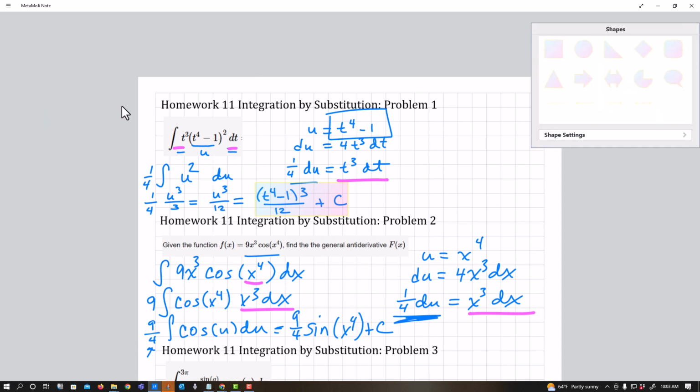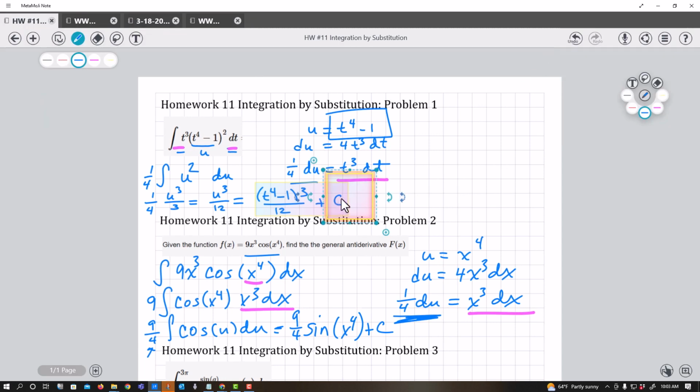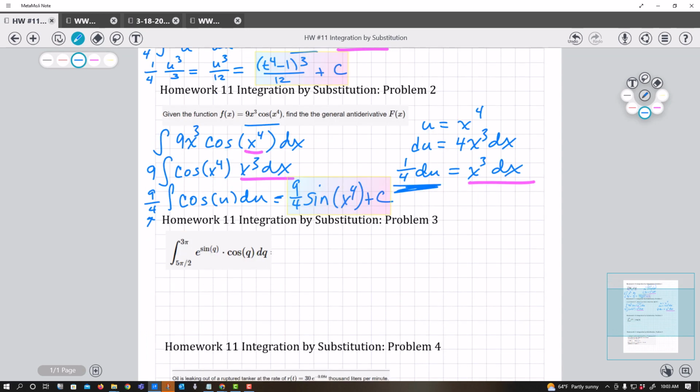And I know that one was probably a little fast, but it's getting you to the point where you can see easily what the u is always going to be, 1 power less. All right, now this is doing kind of the same thing, but now this is an FTC, meaning that I have my a and b.